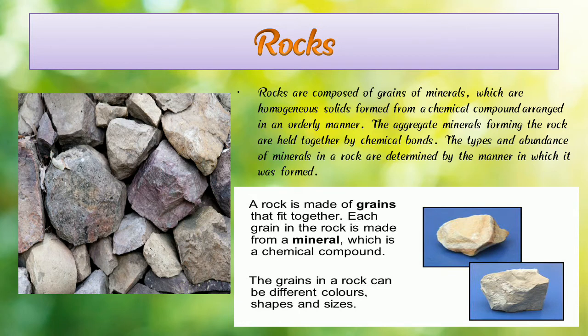which it was formed. So the rock is made up of grains that fit together, and each grain in the rock is made from a mineral, which is a chemical compound, and the grains in the rock can be different colors, shapes and sizes.